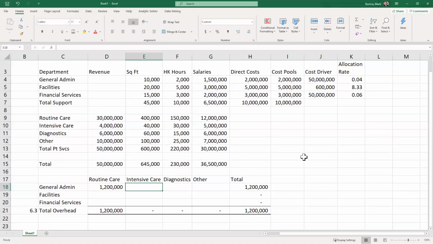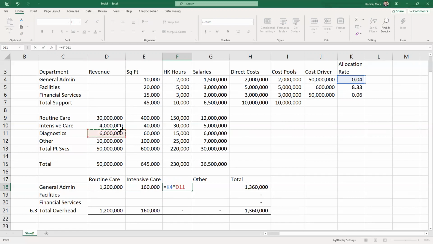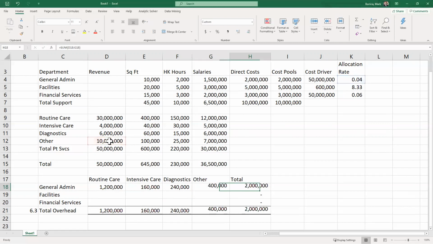Then we go for intensive care, which gets the same 4 cents per dollar times the number of dollars that they generate, 4 million, and we get 160,000 going to intensive care. And then for diagnostics, it's 4 cents per dollar times the number of dollars that they generate, 6 million. And then finally, the other is 4 cents per dollar times the 10 million that the other generates.